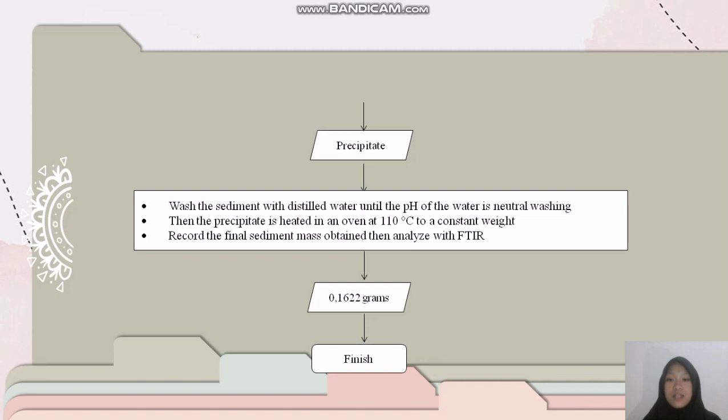The precipitate is heated in an oven at 110 degrees Celsius to a constant weight. Record the final sediment mass obtained and analyze it with FTIR. Product: 0.1622.